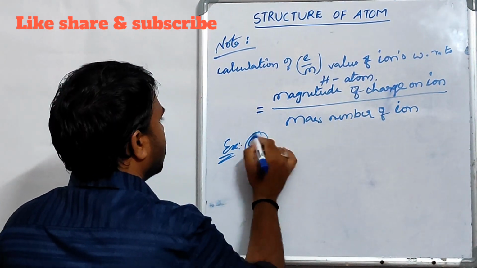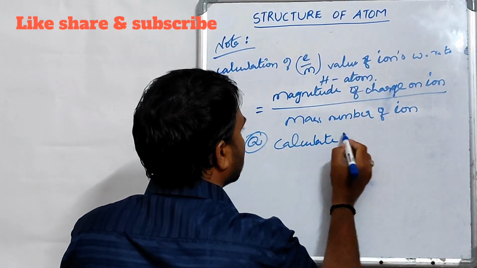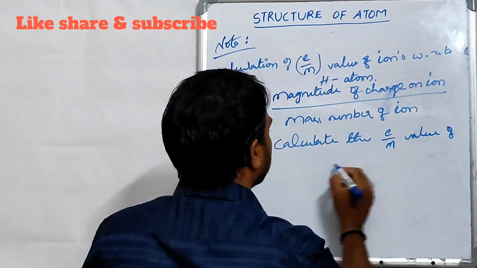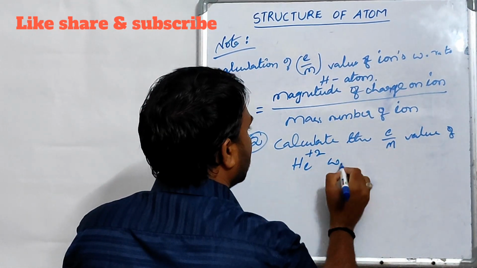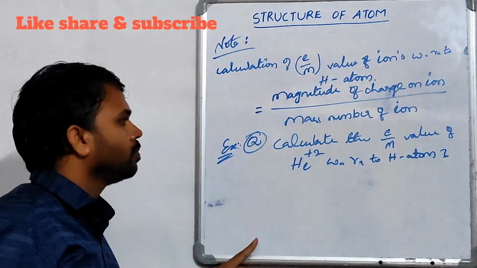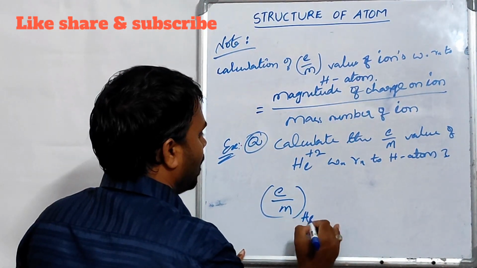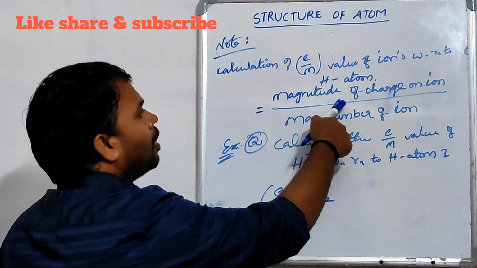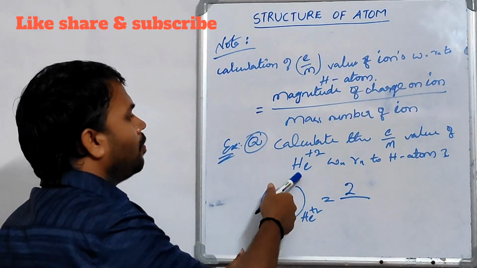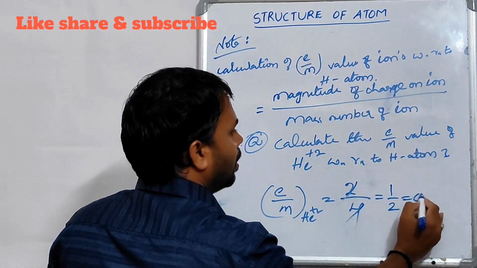Calculate the E by M value of the He plus 2 ion with respect to the hydrogen atom. Now see the solution. The E by M value of the He plus 2 ion equals the magnitude of charge on the ion, that is 2, divided by the mass number of helium, that is 4, which equals 0.5.